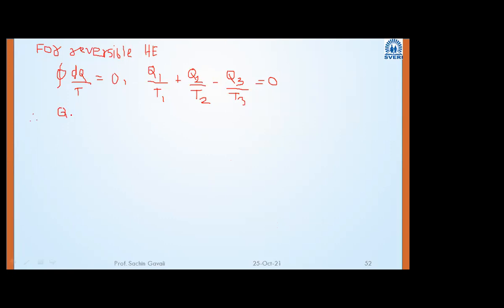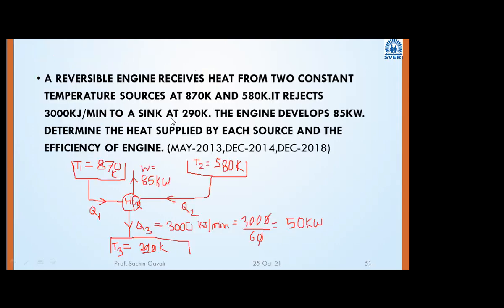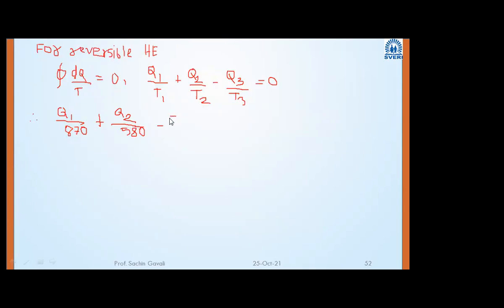Q1 divided by 870 Kelvin plus Q2, that we are not knowing, divided by 580, minus Q3. Q3 is how much we have calculated? 50 kilowatt.